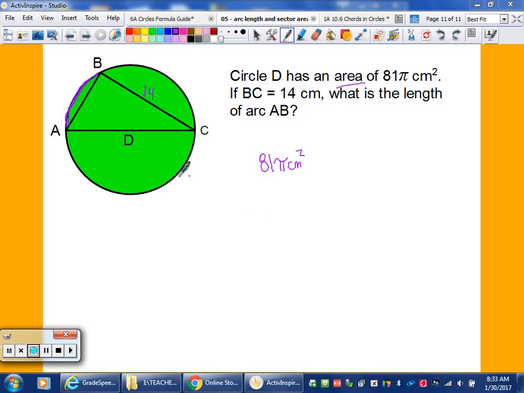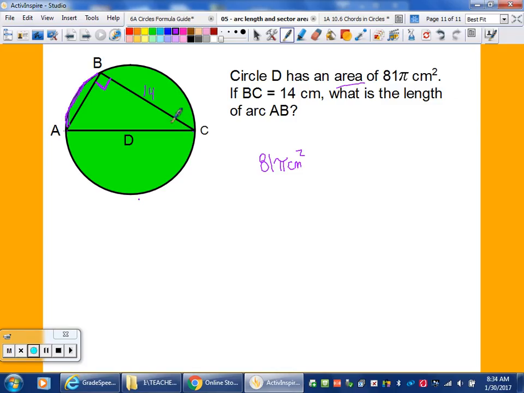So, I do know that angle B is inscribed from arc AC, which is a diameter. And an inscribed angle is half of the arc that it creates. So if this arc is a semicircle, it's 180, so half of that, this would be a 90-degree angle. Okay? And what I need is the radius. And I need angle C because it's inscribed by arc AB. It creates arc AB, which is the arc length we need, the arc measure and arc length.